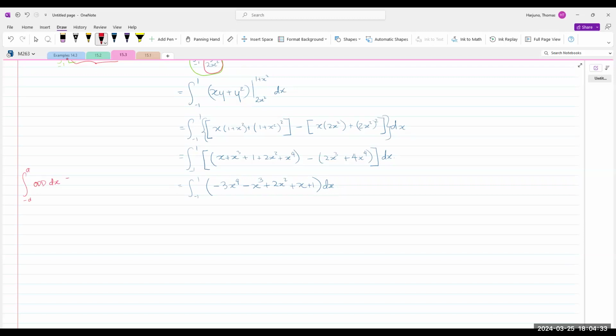Odd function means when you replace x by negative x, then it is the negative of f(x). It is symmetric with respect to the origin. That equals 0. While if you have an even function, that is 2 times the integral from 0 to a of that even function.